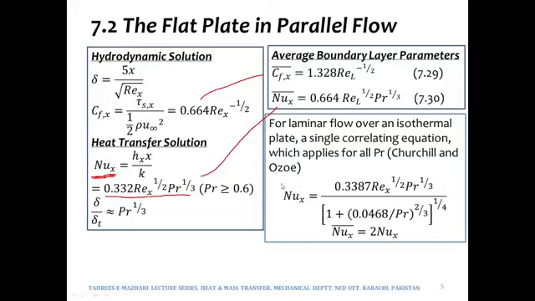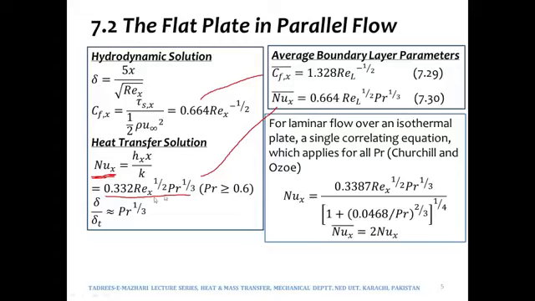Again, it is for local Nusselt number, and average Nusselt number can be evaluated by multiplying the local Nusselt number by 2. But 0.332 Reynolds half Prandtl one third and 0.664 Reynolds half Prandtl one third are the ones that we would be using more often.